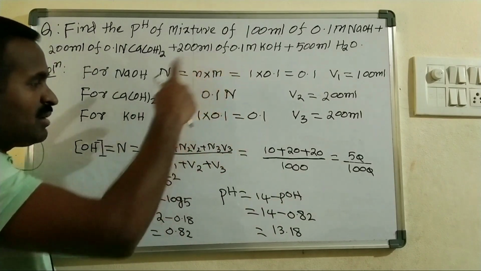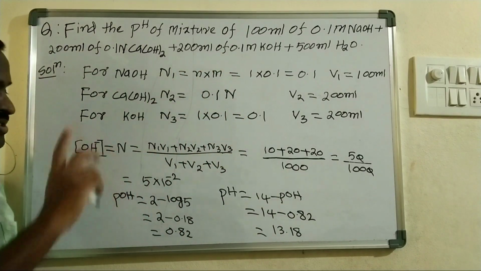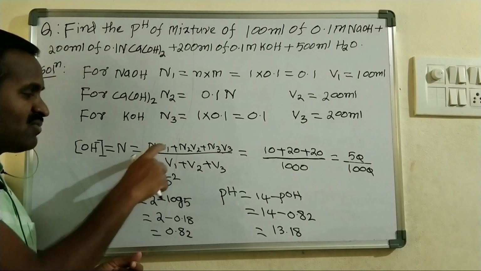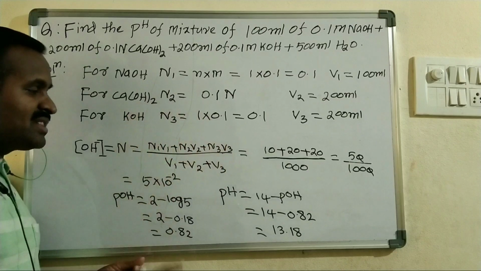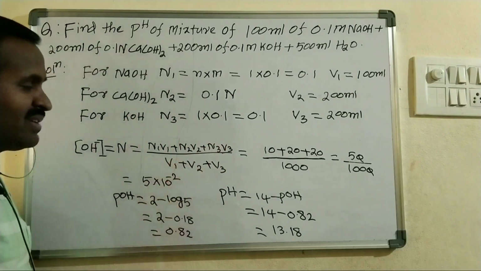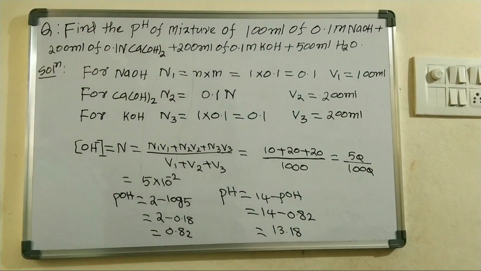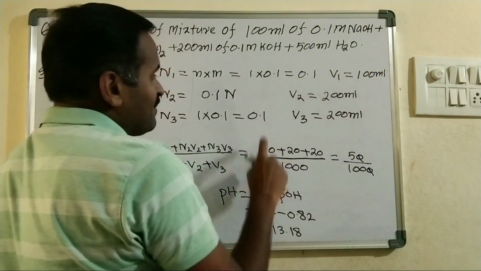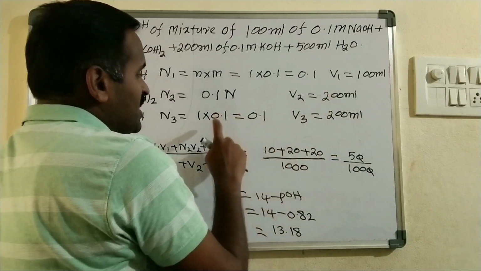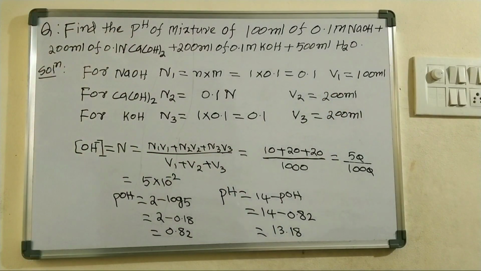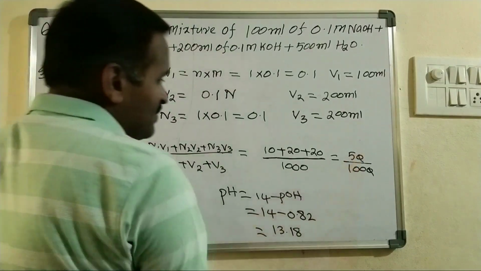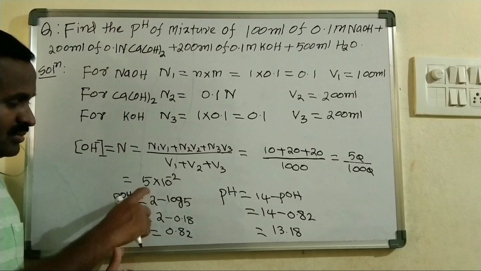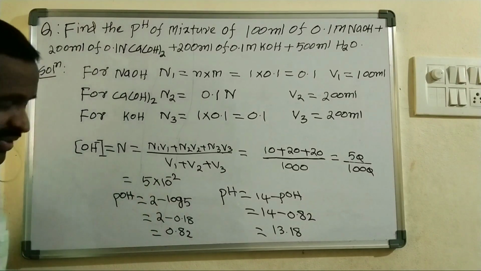So this is a mixture of bases, so OH minus ion concentration equals the normality. Here we have the formula: N1V1 plus N2V2 plus N3V3 divided by the total volume V1 plus V2 plus V3 and water also. N1V1 is 0.1 into 100, here 0.1 into 200, again here 0.1 into 200, a total of 50, divided by 1000, and you will get 5 into 10 power minus 2, right? So pOH is 2 minus log 5.